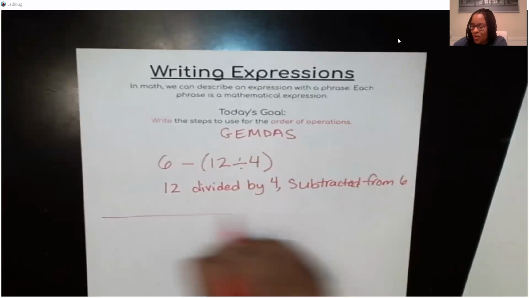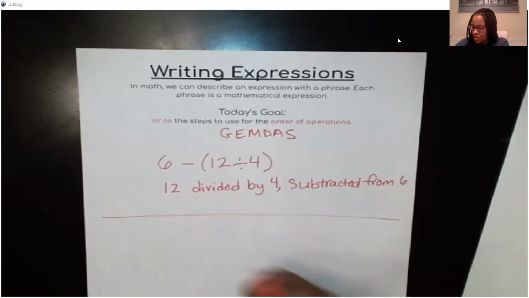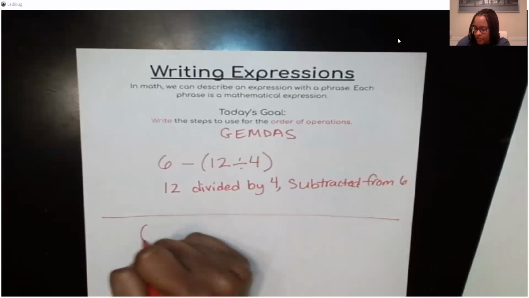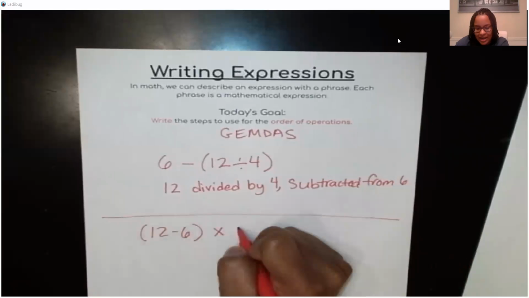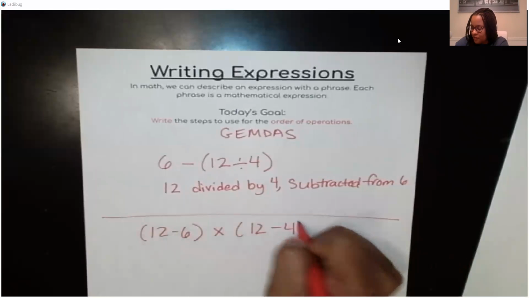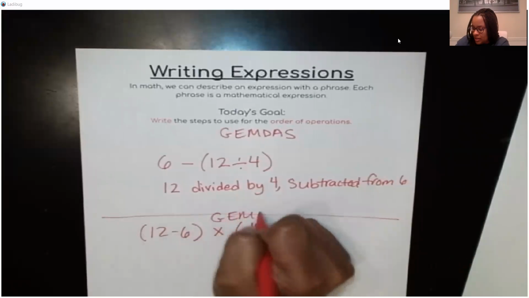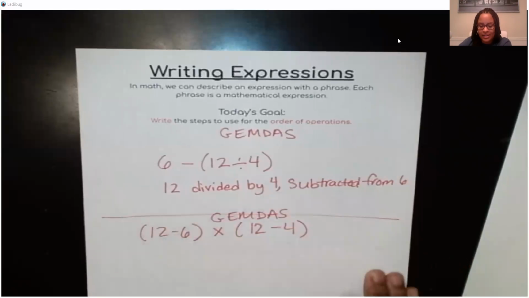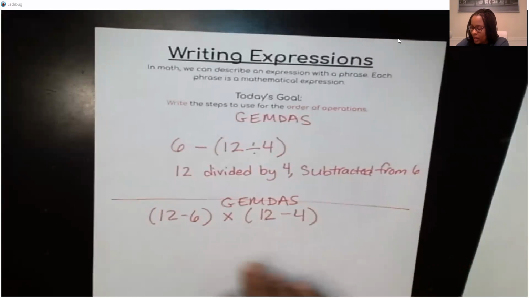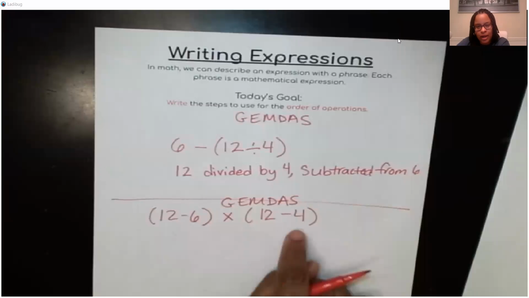Okay, let's do one more, and then you're free to go to practice on your own. Let's do 12 minus 6 times 12 minus 4. Let's do that one. So still thinking of the GEMDAS when I'm figuring out how to write this expression. Well, it looks like I'm going to be multiplying these two problems that are in the parentheses.